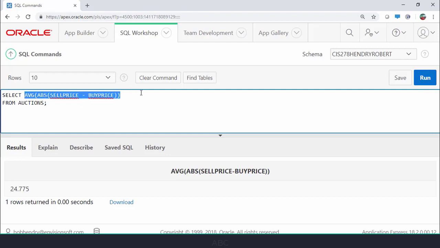How about this? We're going to say select item, comma, sell price, comma, buy price, from auctions.